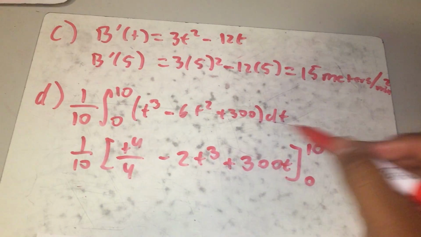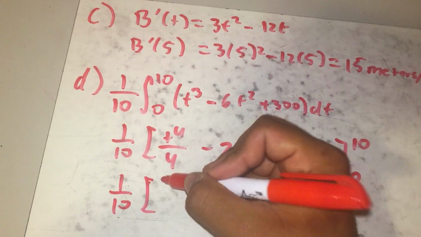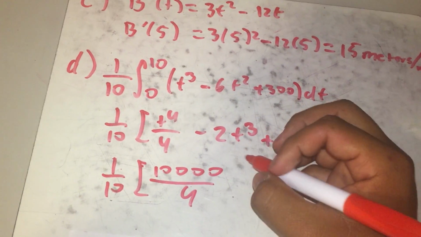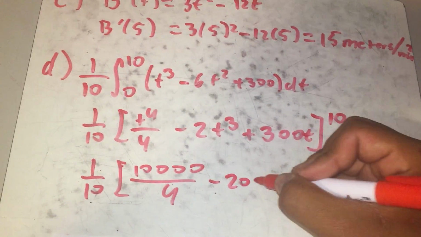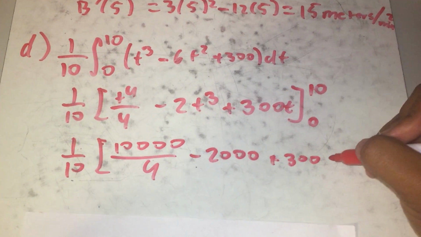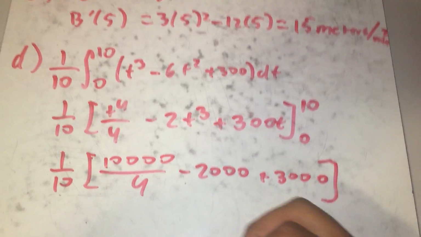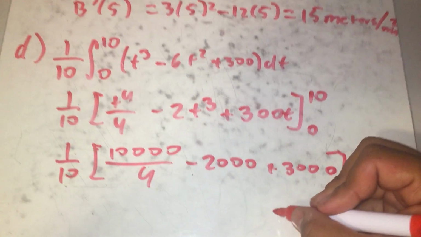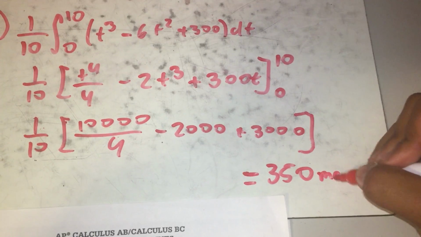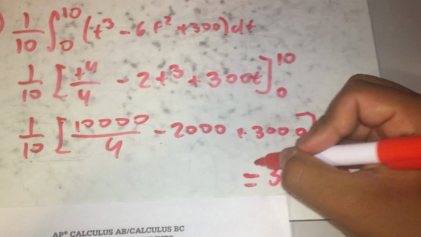What really matters is plugging in that 10. 10,000 over 4 minus 2,000 plus 3,000. Doing all this math will give you 315 meters per minute.